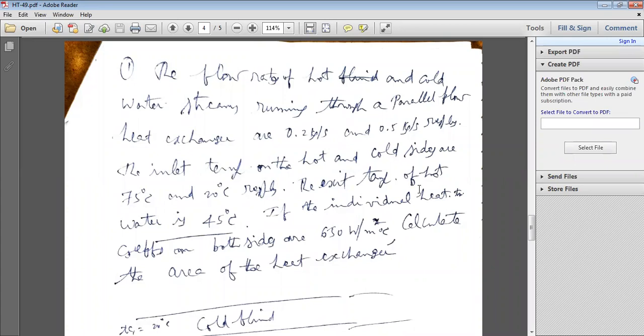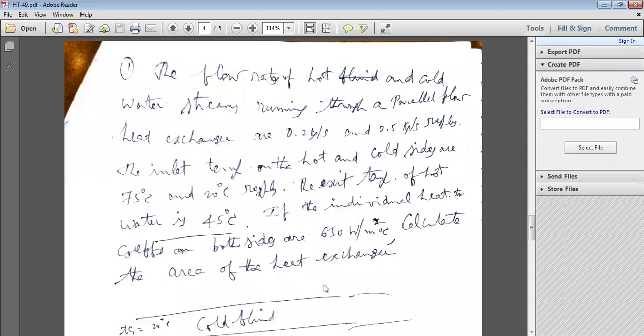The exit temperature of the hot water is 45 degrees centigrade. If the individual heat transfer coefficients on both the tube side and shell side, inside and outside, are 650 watts per meter square Kelvin, calculate the area of the heat exchanger.